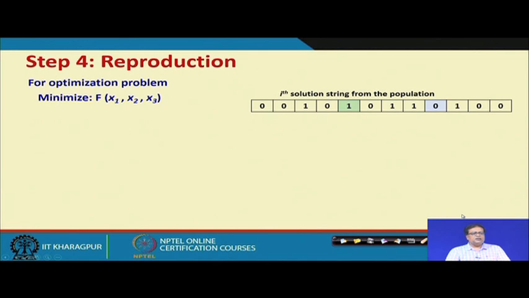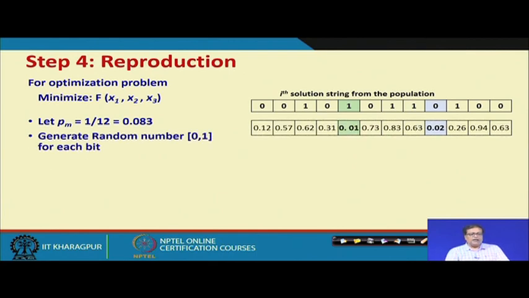Here you see that supposing we have an optimization problem, to minimize this function. Now, take the ith solution string from the population. Let P m be 1 by 12, that is 0.083. Generate a random number between 0 and 1 for each bit.